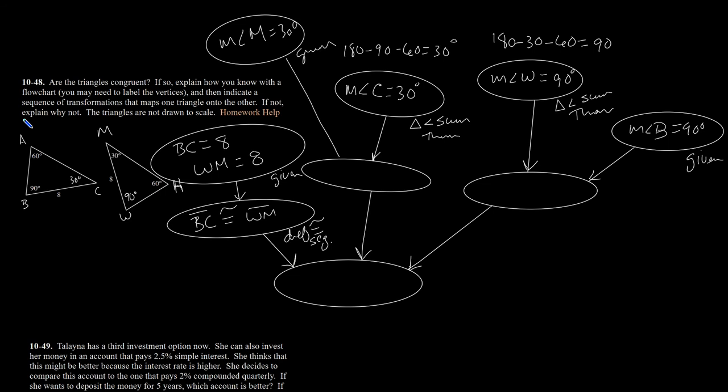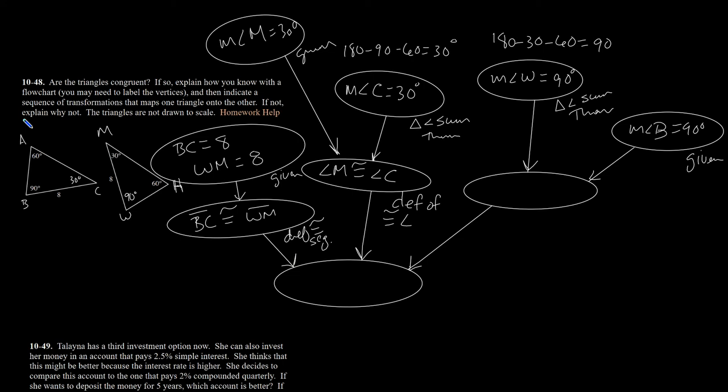Okay, so now I think we have everything, right? So I can say that angle M is congruent to angle C, and that's the definition of congruent angles. They have the same number of degrees, therefore they're congruent. They both have 30, and I've supplied reasons why I think they're both 30.